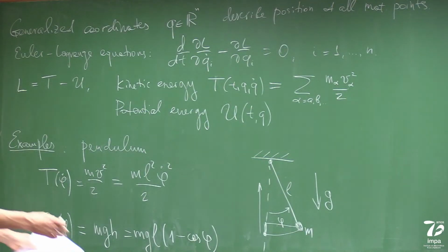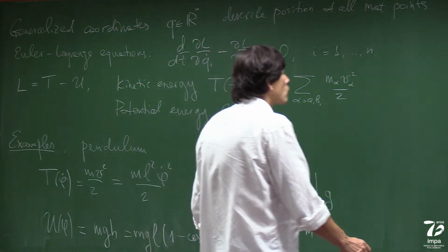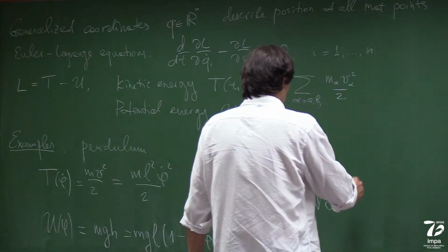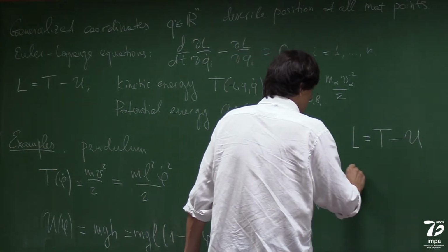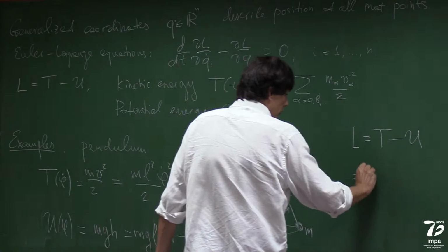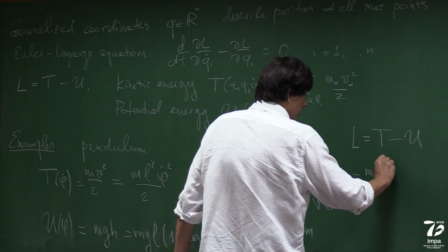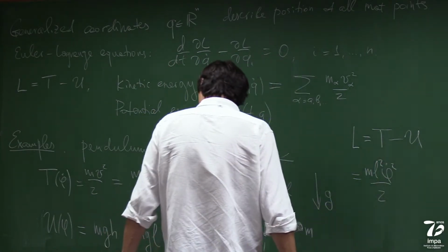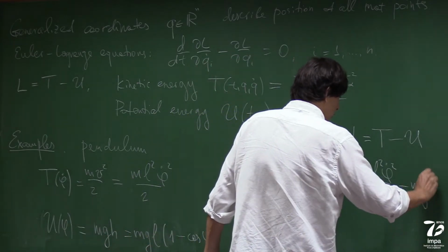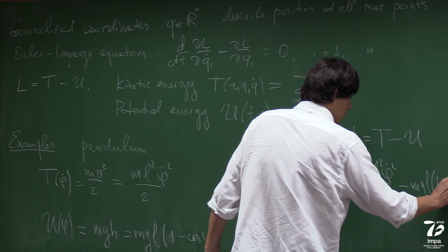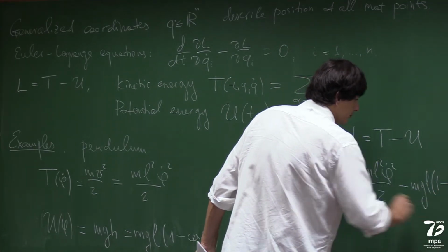So we put them together. We get L equals T minus U, and it's m L squared psi dot squared over 2 minus mgL times 1 minus cosine psi.